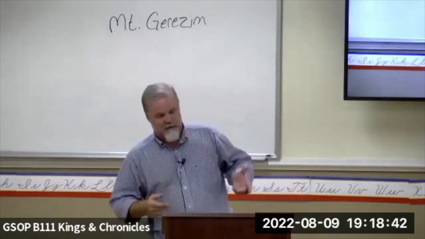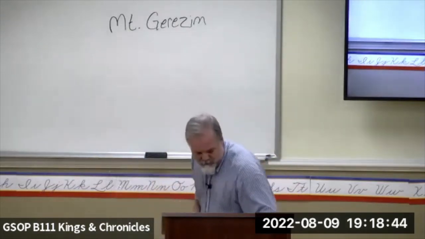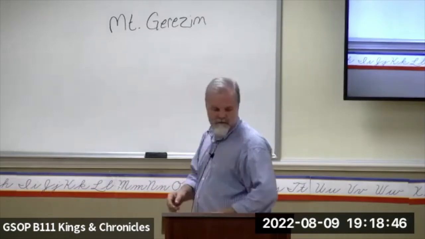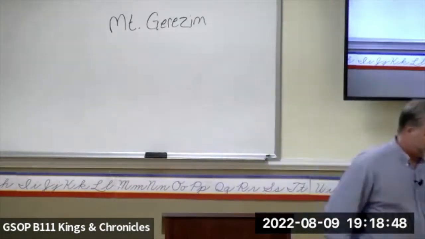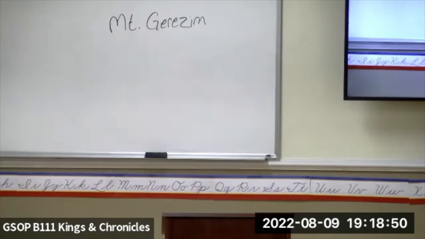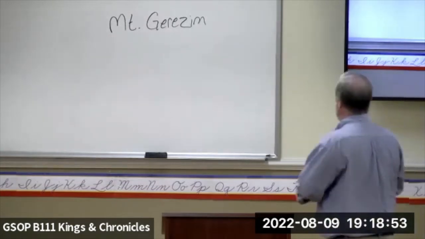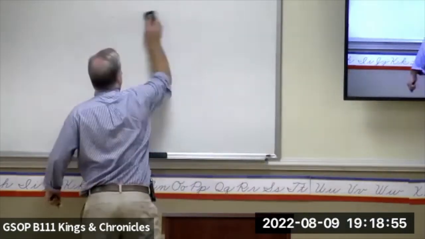It has three broad divisions. First one had two major divisions. Or I'm sorry. It actually had four. All right, so let's look at this real quick. You have the genealogies.